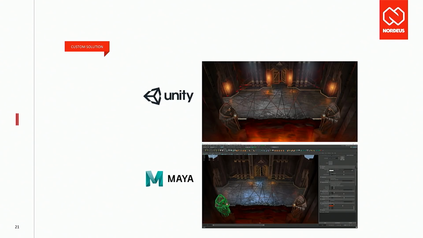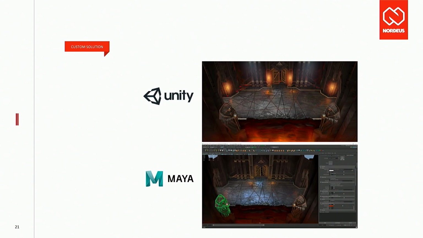This is also stuff that reduces a great amount of unnecessary work for us. We replicated the Unity PBR shader that we custom built for Unity. It's a mobile PBR shader that works on mobile. And we replicate that shader and all of its properties inside of the Maya viewport.